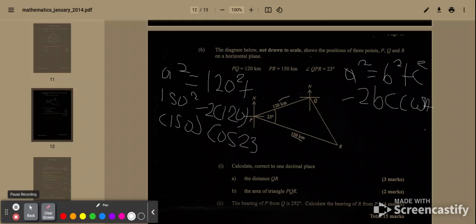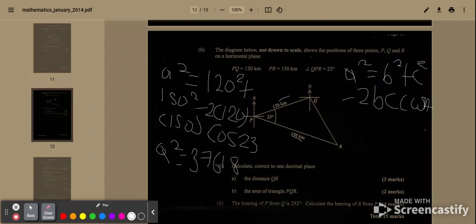To do this, we can simply punch it into our calculator: 120 squared plus 150 squared minus 2 times 120 times 150 times cos 23. Therefore, a squared would be equal to 3,761.8.